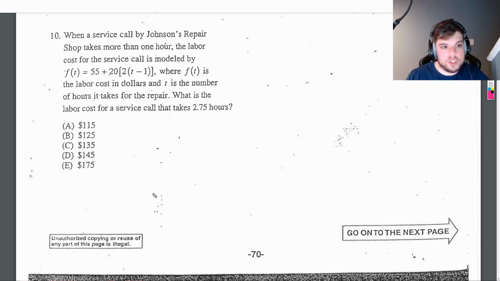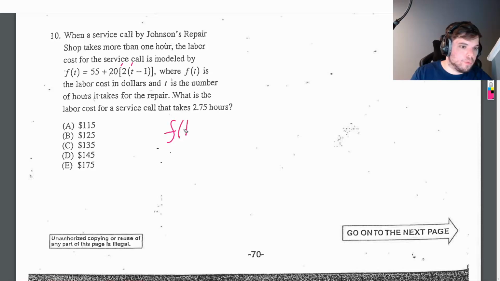Why would I not just plug in 2.75 hours? What's up with this bracket parentheses business? Is there a reason why I can't just plug in 2.75 for T?